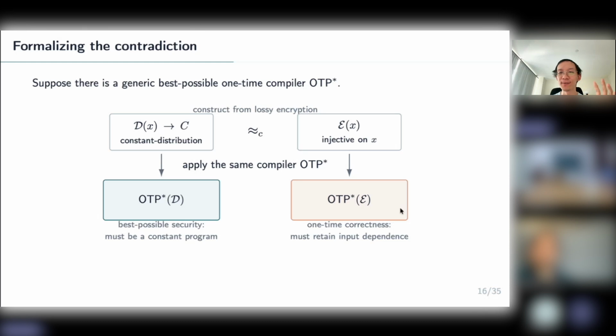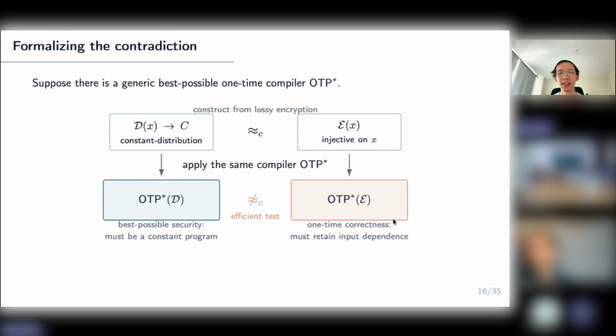And what happens if we feed E to OTP star? Well, I claim that by one-time correctness, OTP star of E should still retain the input-output dependence. So what this means is that it must not be a constant program. Again, by one-time correctness, OTP star of E, when you give it X, must be injective from X, so it cannot be a constant program.